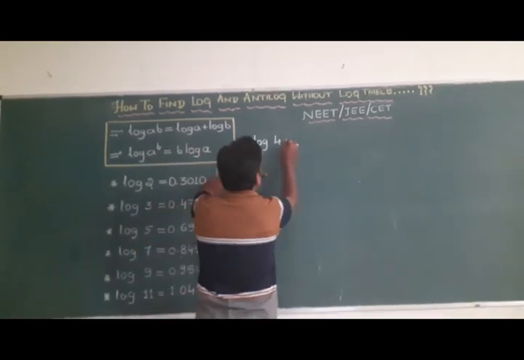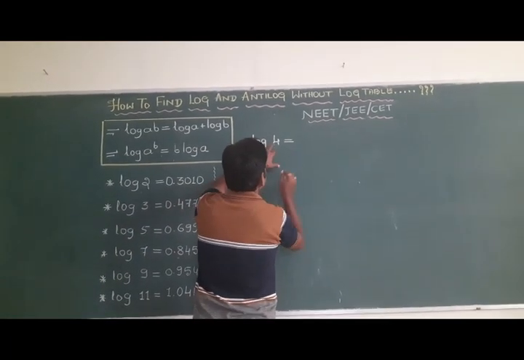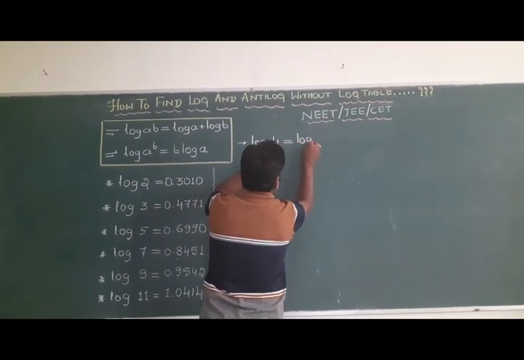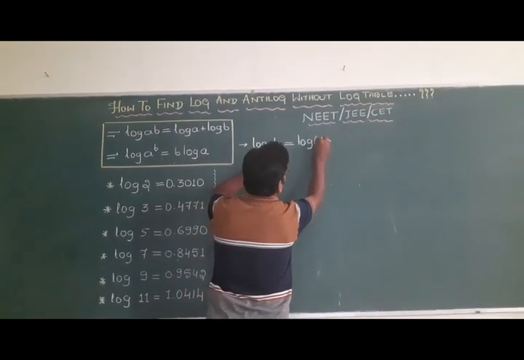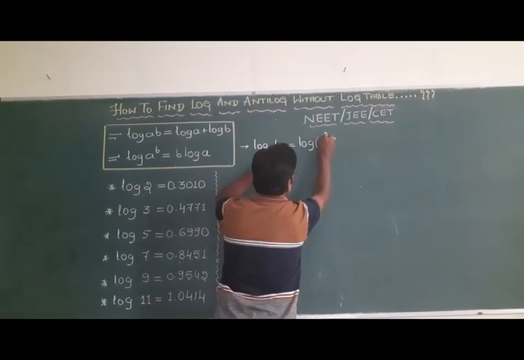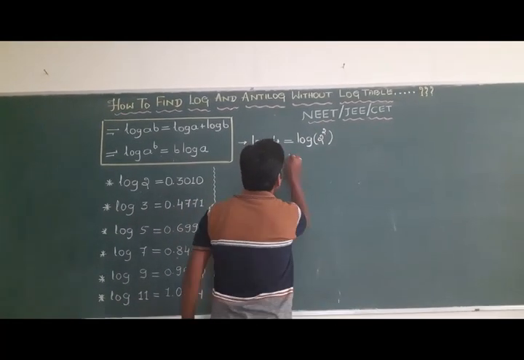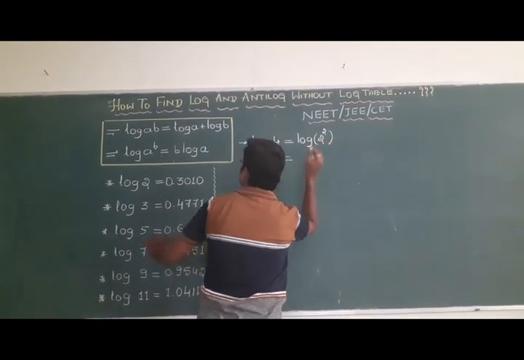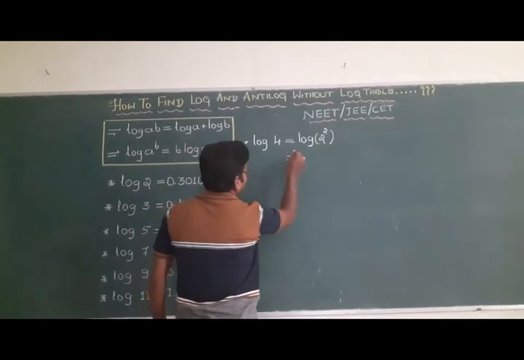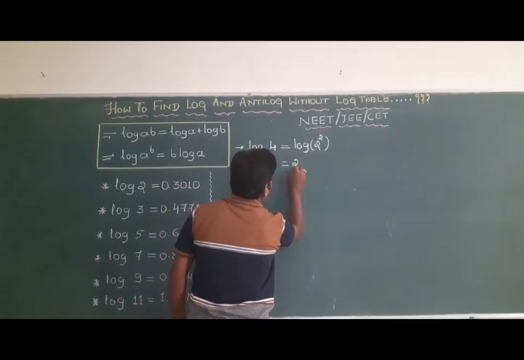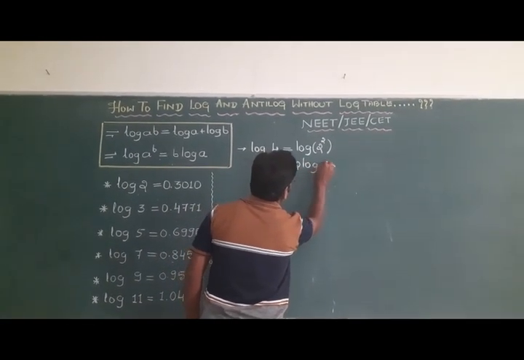Log 4 is equal to, let us write this log 4 in the form log 2 raised to 2. This log 2 raised to 2 is in the form log a raised to b. So let us write this in the form 2 log 2.